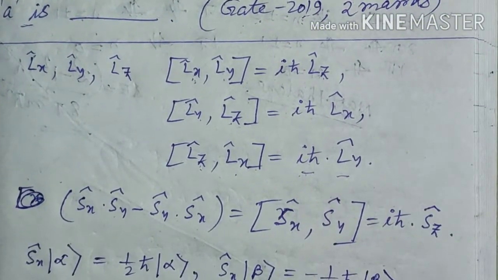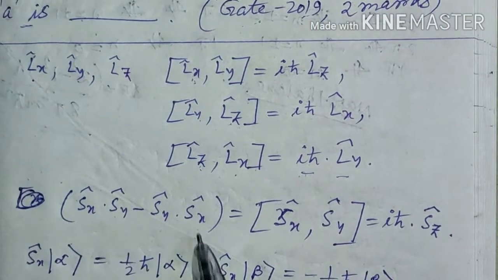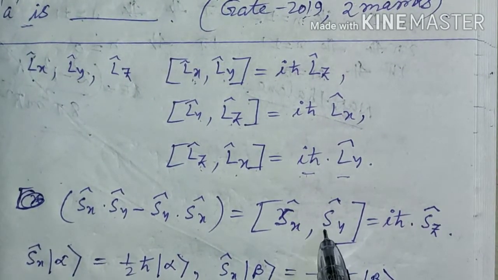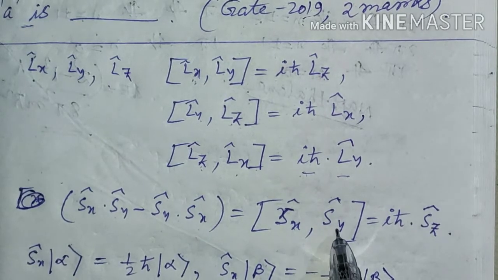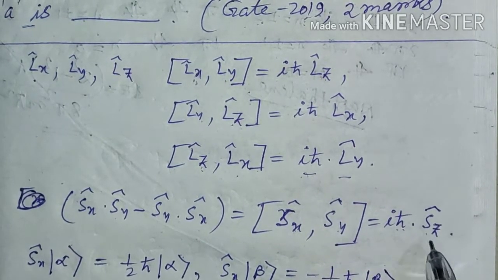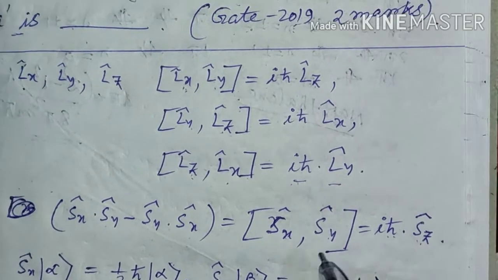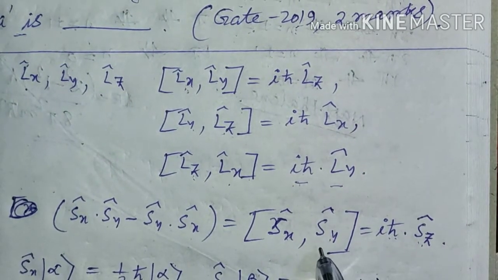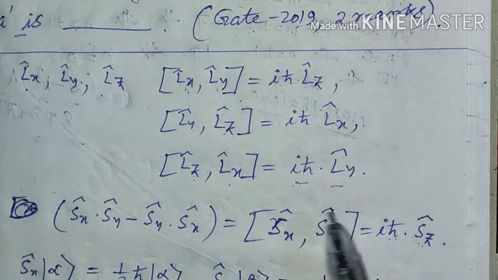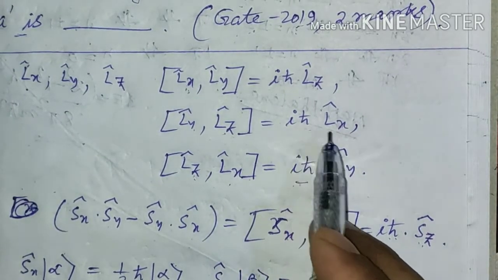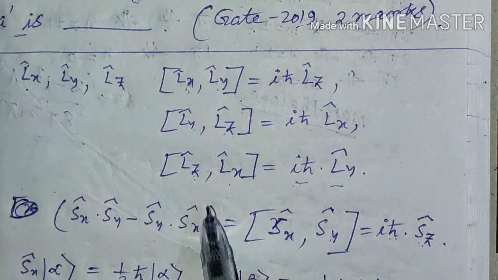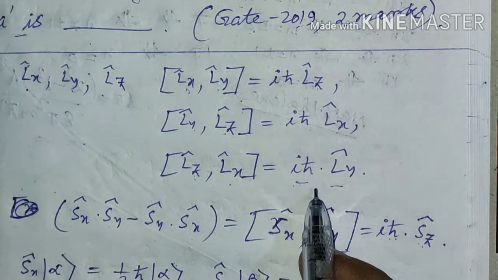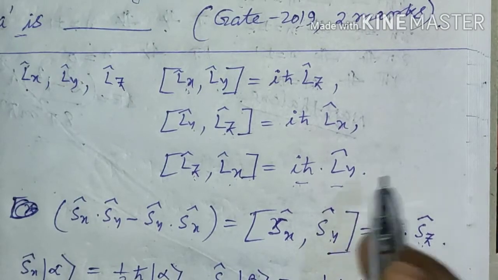And similarly, the commutator of the spin angular operators Sx and Sy is equal to iħ Sz. For Sy and Sz it will be iħ Sx, and for Sz and Sx it will be iħ Sy.